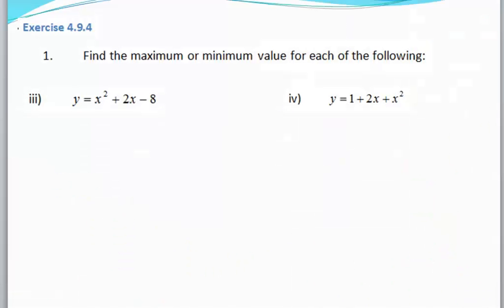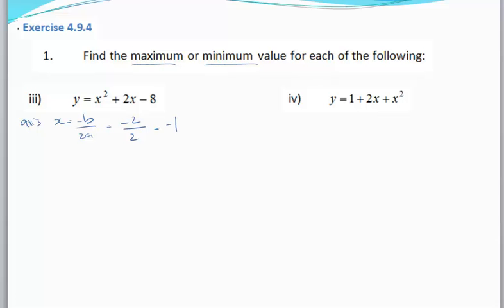So now moving on to exercise 4.9.4. We want to find our maximum or minimum value for each of the following. So here, to find our axis, x is equal to minus b on 2a. Minus 2 on 2 times 1 is 2, so minus 1.